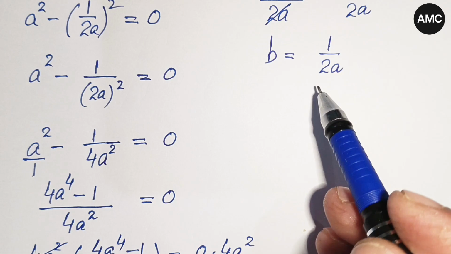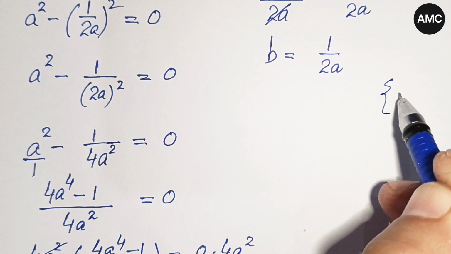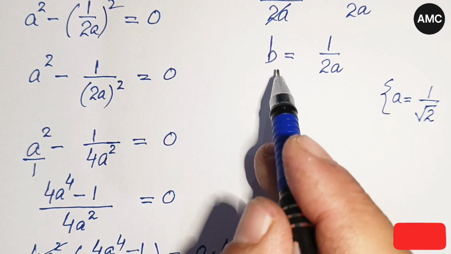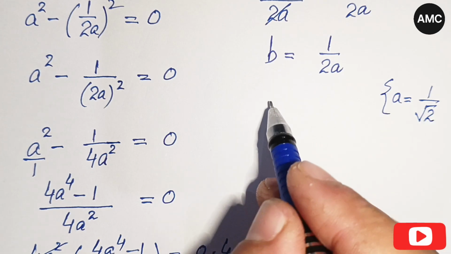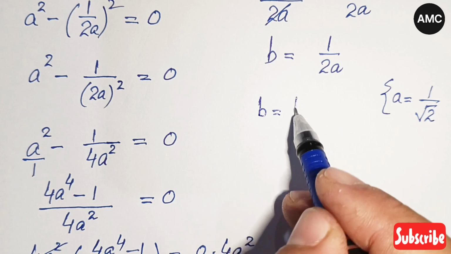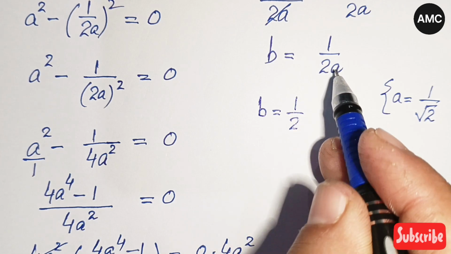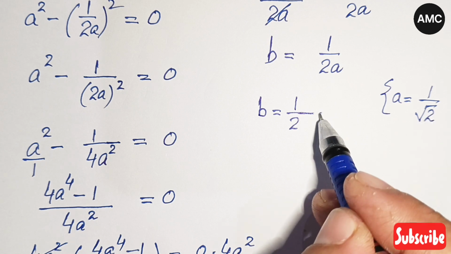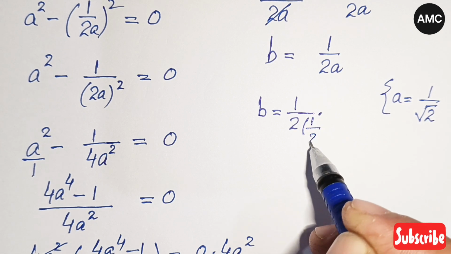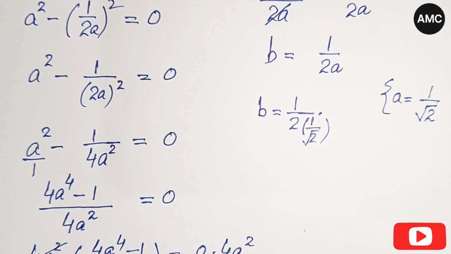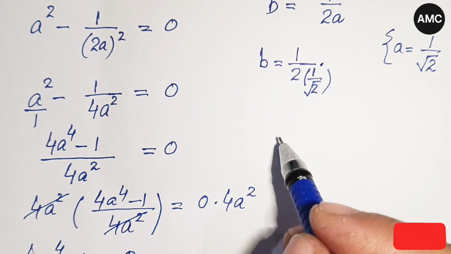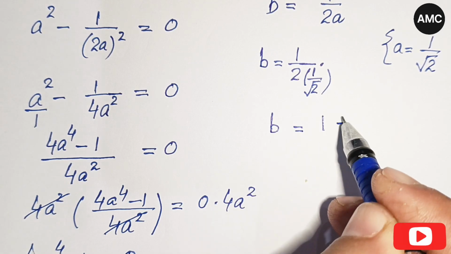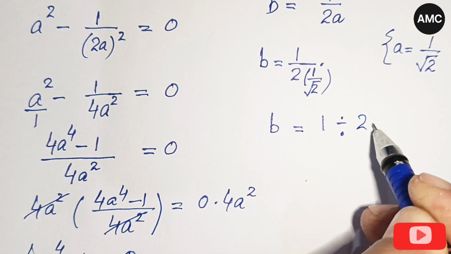So here if we just put the value of a, as we know that a is equal to 1 over square root of 2, it will be b is equal to 1 over 2 times the value of a, so we just write 1 over square root of 2. Now it can also be written as b is equal to 1 divided by 2 times 1 over square root of 2.